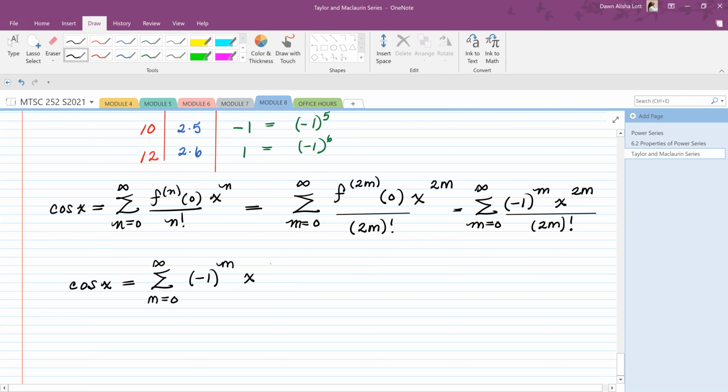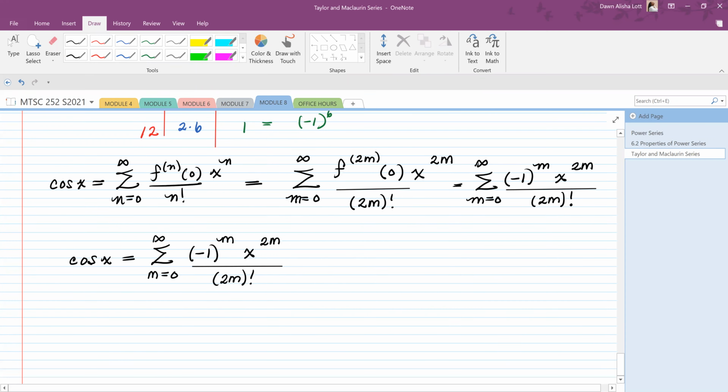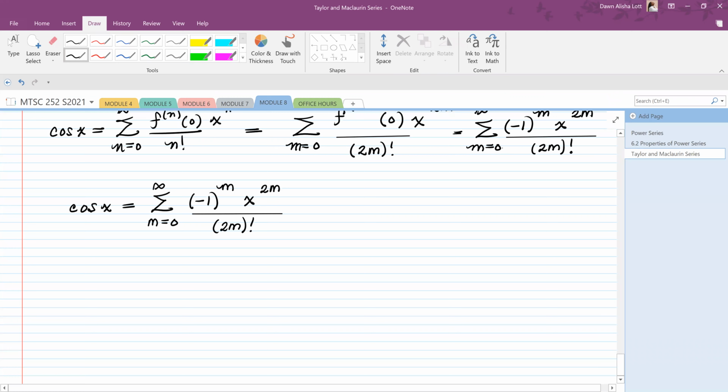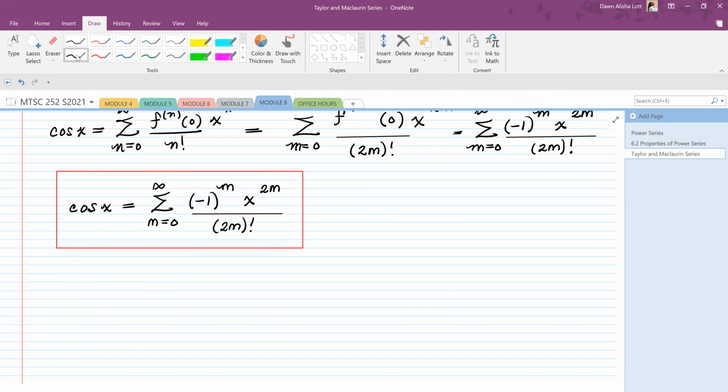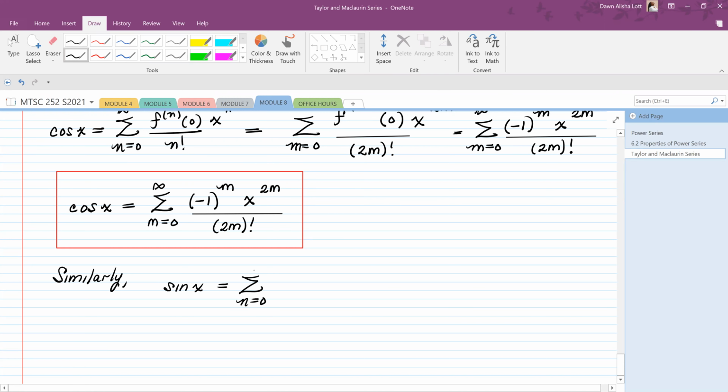And similarly, which I'm not going to do, the sine of x is the sum n equals 0 to infinity of -1 to the m, x to the 2m plus 1 over the factorial.